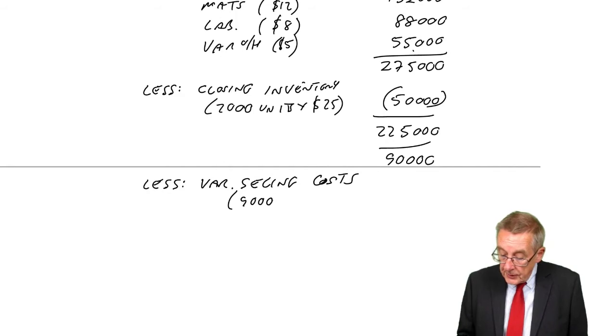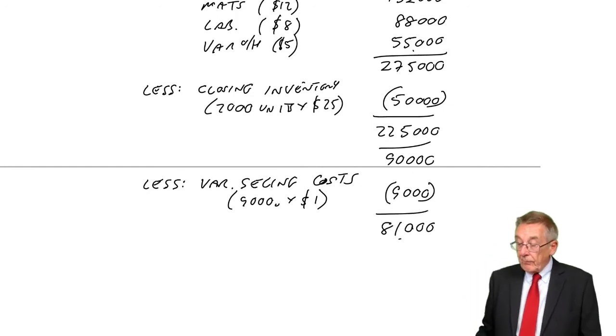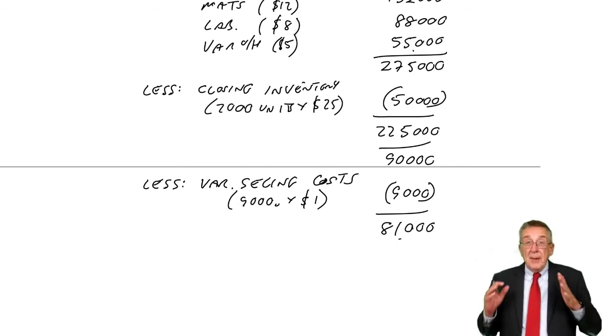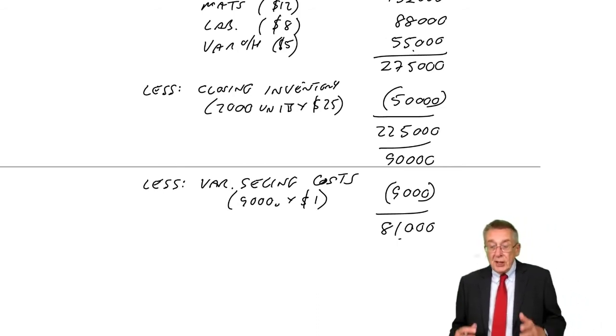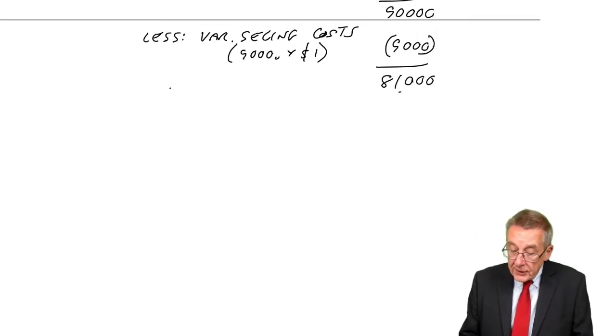So 9,000 units at $1 a unit, 9,000. 81,000. Now that 81 is the profit before any fixed costs. This, therefore, is the total contribution.